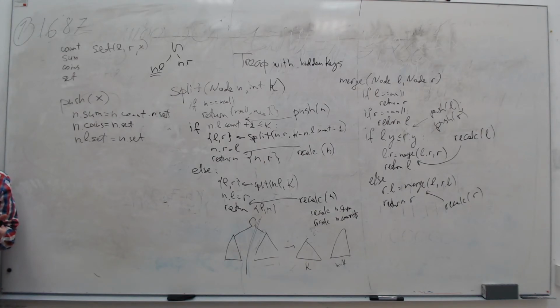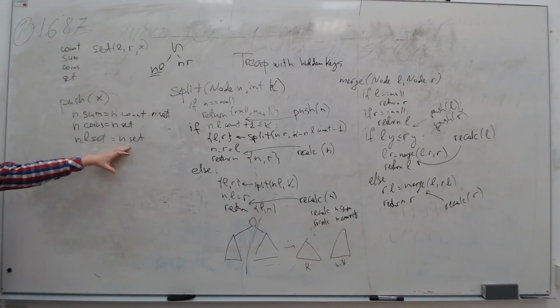Okay. Is that clear? Why? Suppose that previously in the left child you had another set. The problem is that our operation was later, and it will make all the elements in this subtree be X, or be set. So you just simply set here.